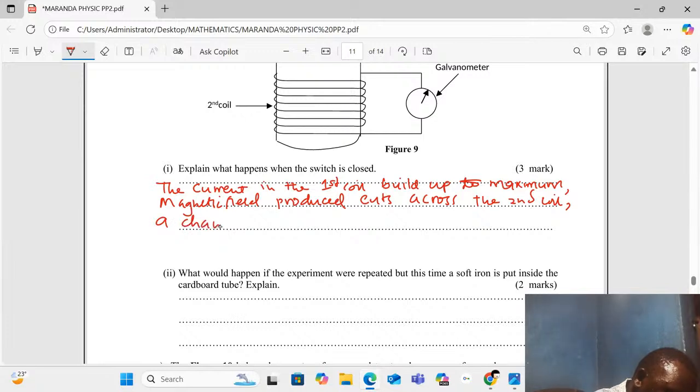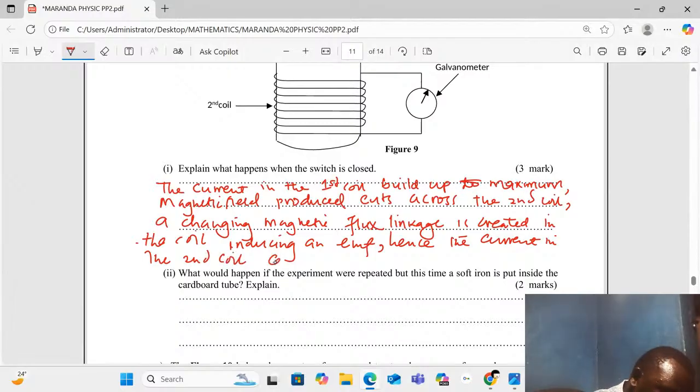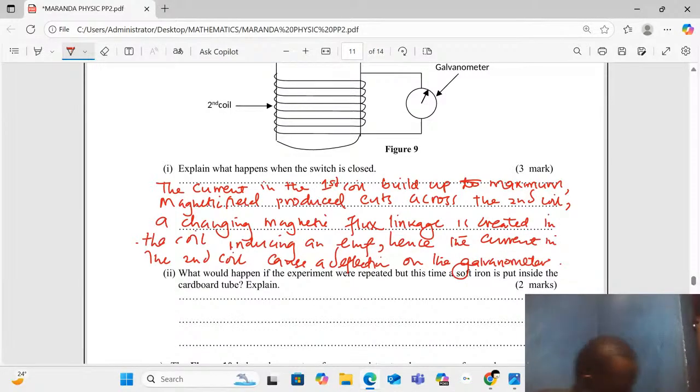So a change in magnetic flux linkage is created in the coil, inducing an EMF, and the current in the second coil causes a deflection on the galvanometer.